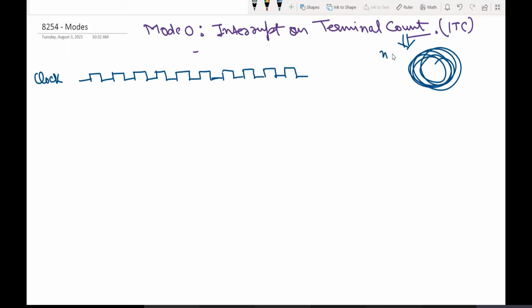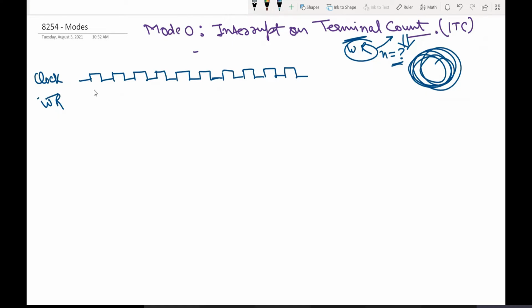This count will be a numerical value. Let's say n is the value. When we are deciding a value, where that value will be written inside, the control signal that will be generated is the write signal. So the count will be written inside the counter. The control signal that will be generated is WR bar. It is an active low signal.